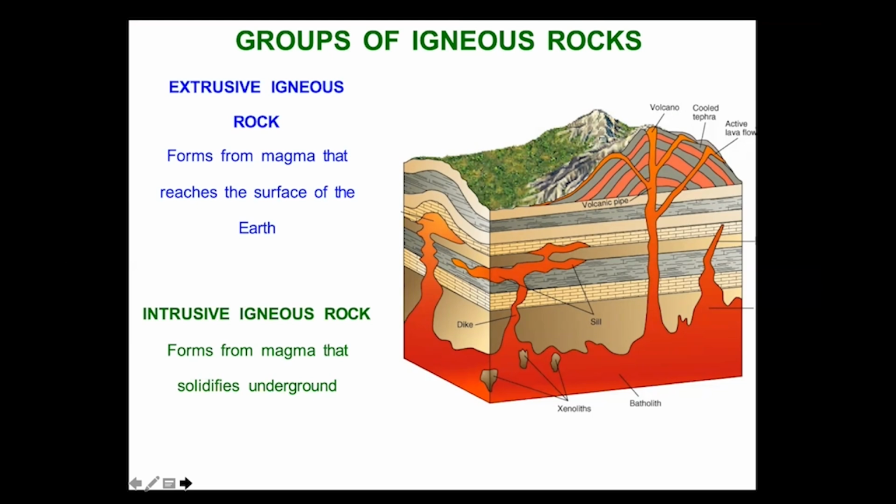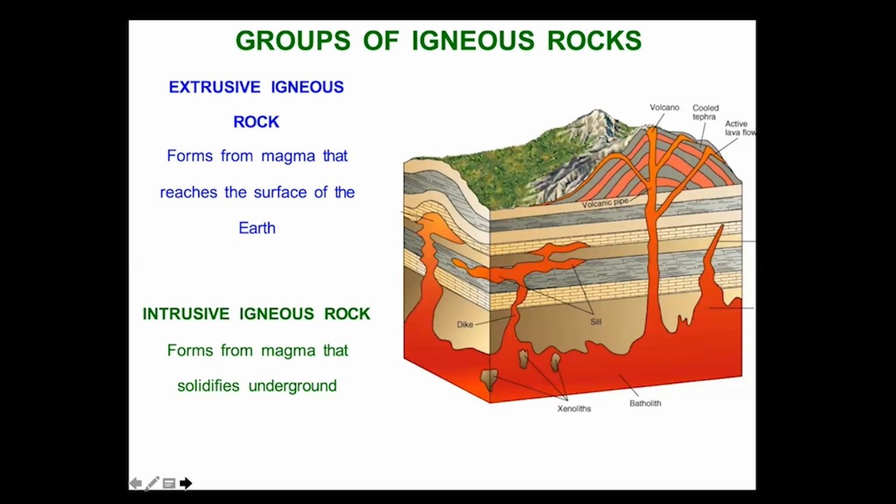What you don't see, however, is where the magma bubbles up to the surface or tries to get to the surface, but doesn't quite make it. The magma gets trapped underground. That magma will also cool down, but at a much slower rate than the extrusive igneous material.